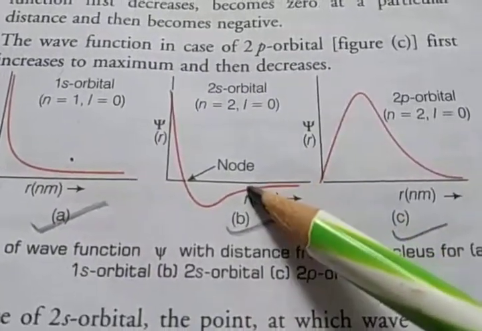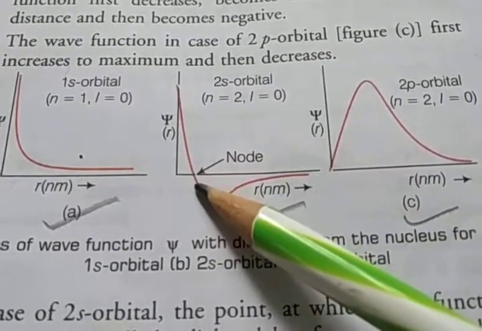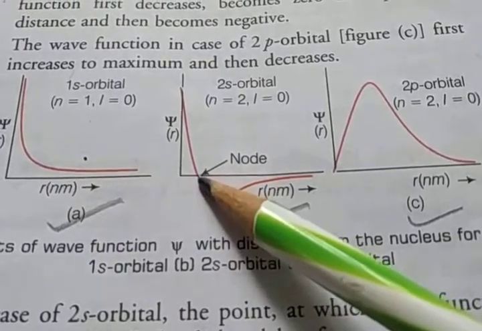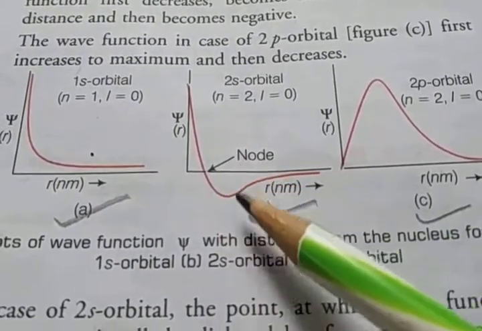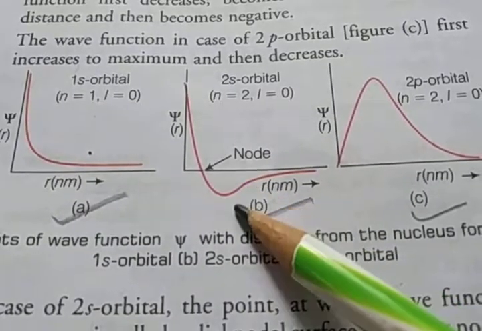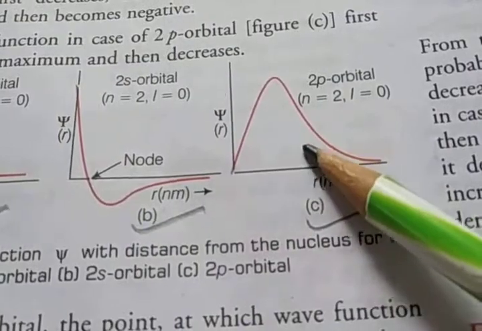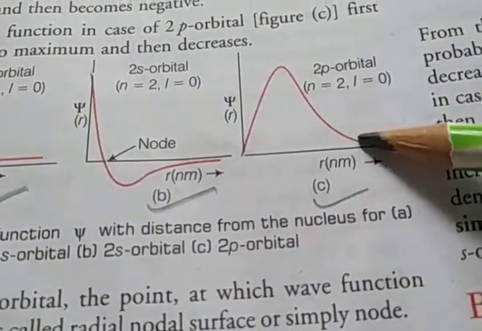But in the 2s orbital, the wave function first decreases, then becomes 0 at a particular point, and then becomes negative, going to the downside. Then in the case of the 2p orbital, it first increases and then decreases.